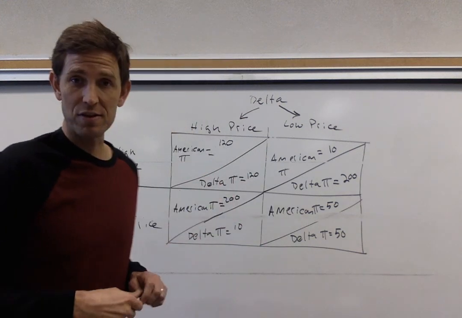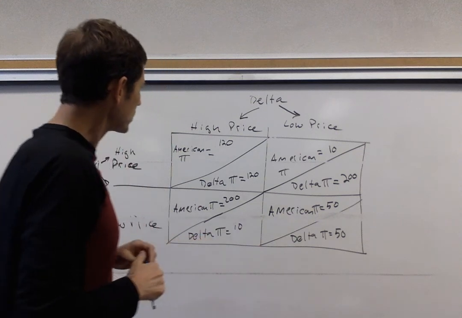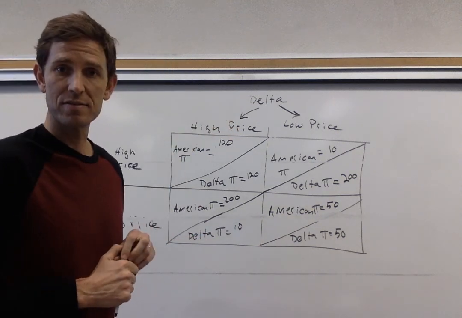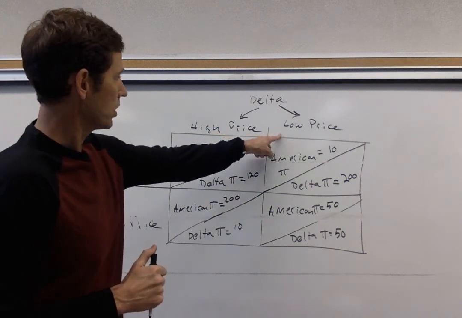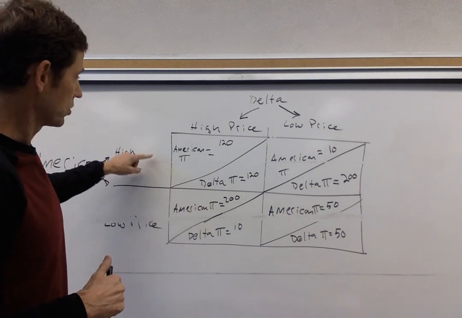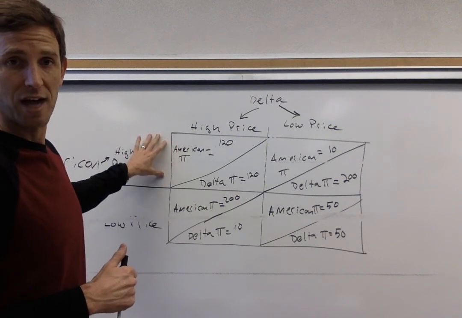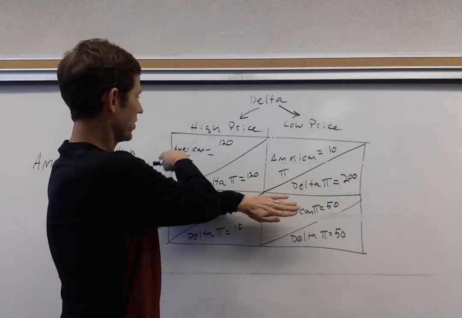If either of these companies have a dominant strategy where they're always better off going either high or low. Let's start here by analyzing Delta Airlines, see what they want to do. So Delta's either going to go high or low. Let's first assume that American has charged a high price. We're only looking at the top row here because that corresponds with American going with this high price. So if American then has gone high, we're up on the top.